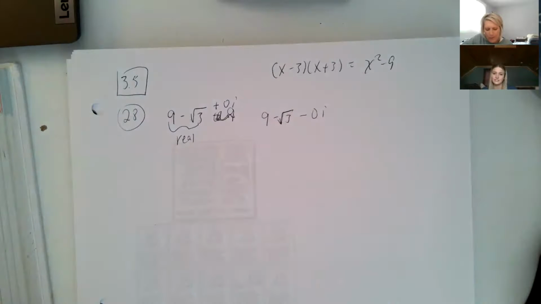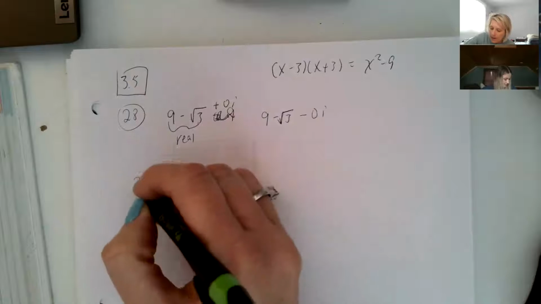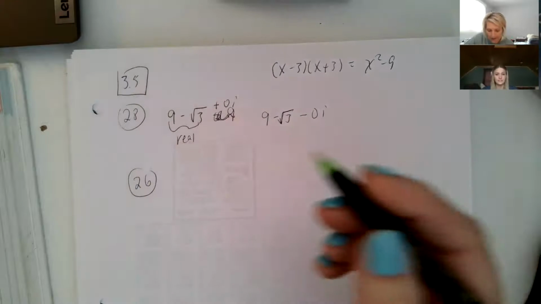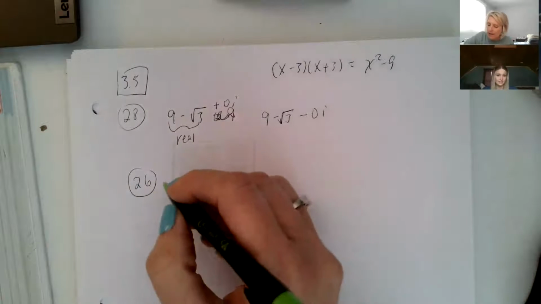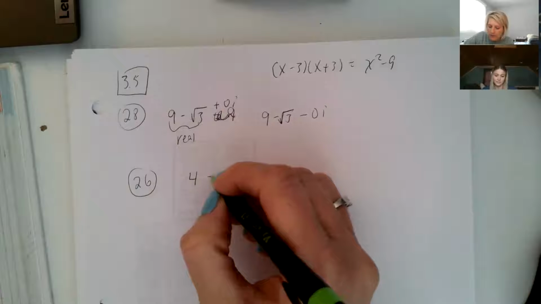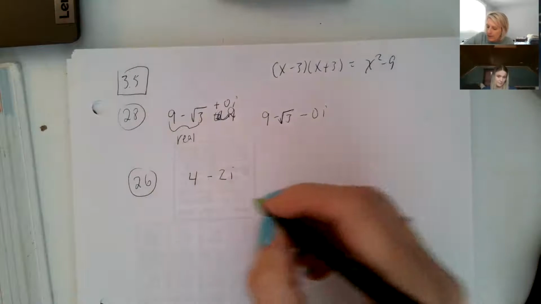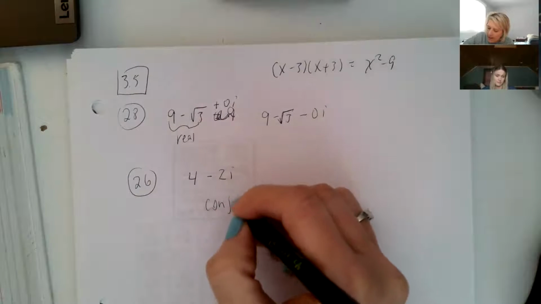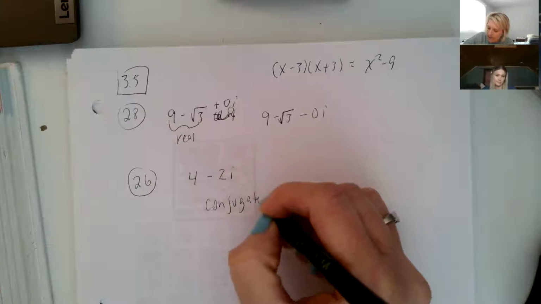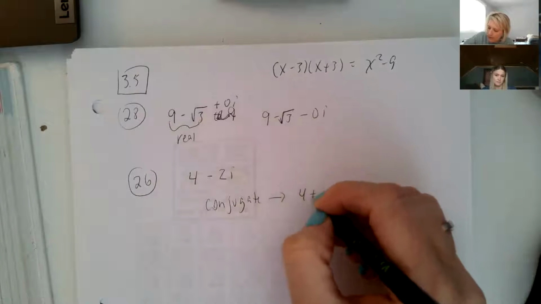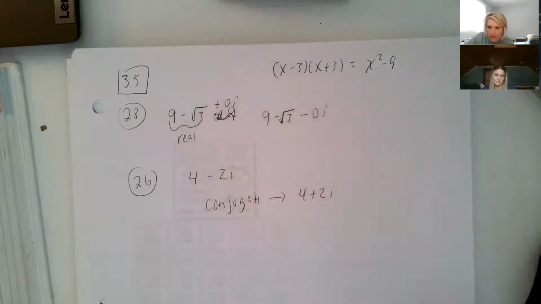The ones that they had here in the book were not great to choose from. So for instance, 26, let's do that because that one is actually a valuable one. So on 26, I always write my real piece first. So it's really 4 minus 2i. And then the conjugate of this would be 4 plus 2i.